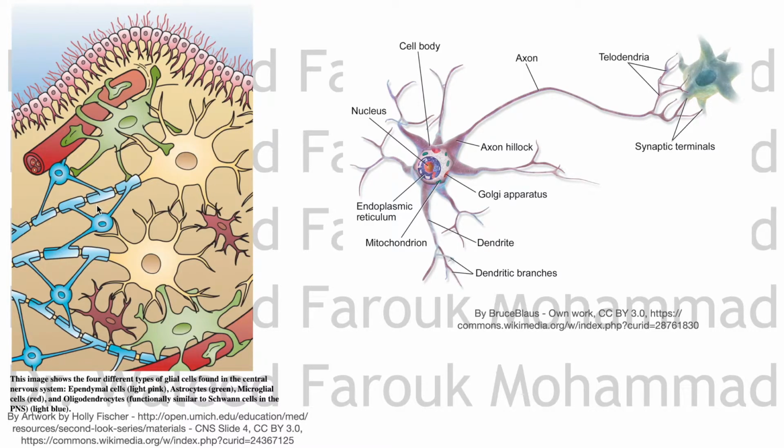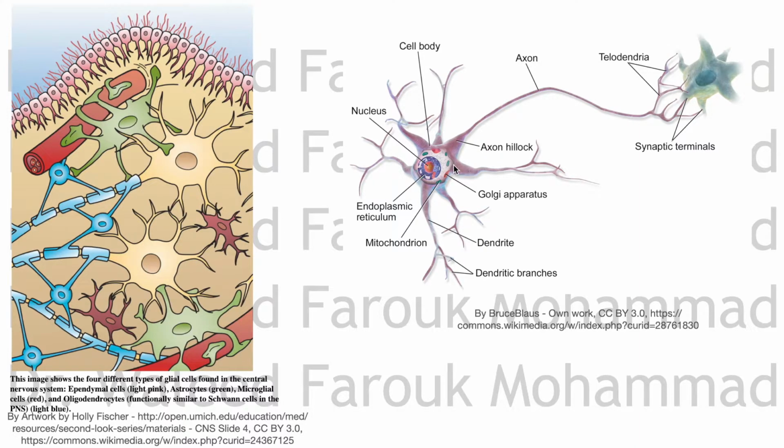Cells of the same function that myelinate the peripheral nervous system are called Schwann cells. And microglial cells have a rather phagocytic function and originate from different cell precursors than the other types of cells of the CNS.